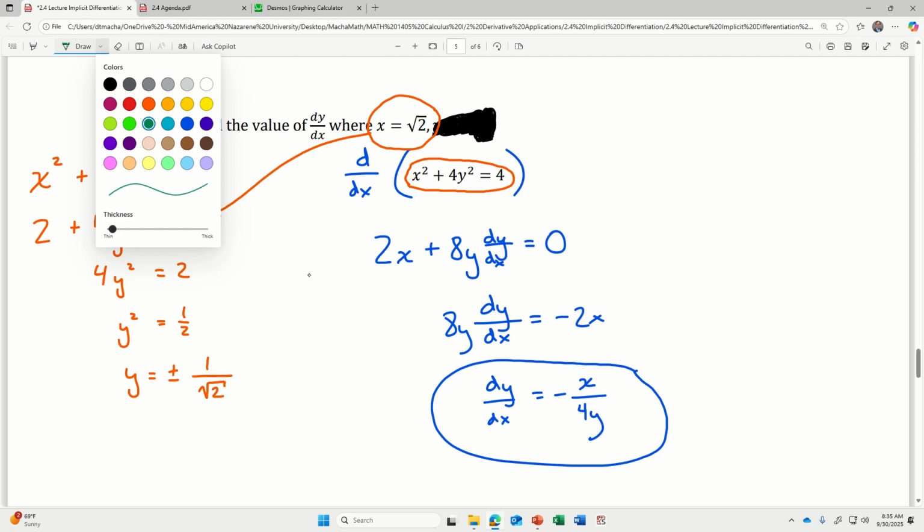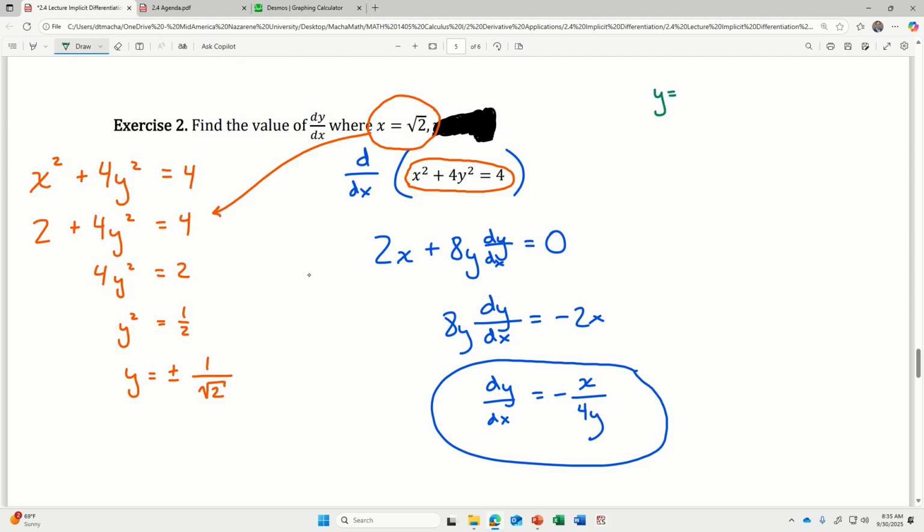So where y is equal to positive 1 over square root 2, my derivative is going to be negative square root 2, because that's my x value, divided by 4 over square root of 2, or 4 times 1 over square root of 2.